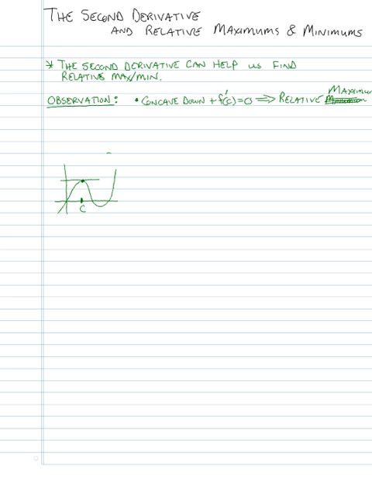Let's make another observation. The second observation has to do with the second graph. Obviously very similar. The observation is that if our graph is concave up and we have a critical number where the first derivative is 0, that means we have a horizontal tangent line.